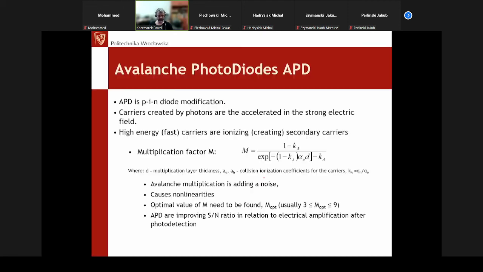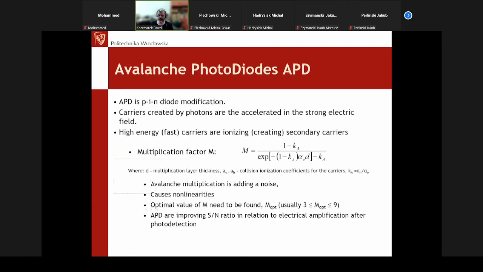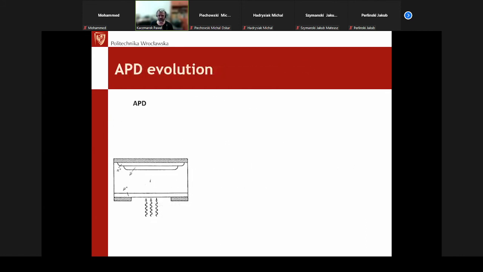And we can change this multiplication factor by changing the reverse voltage applied to this photodetector. The structure is pretty similar to a PIN photodiode. So this first approach, in fact, is exactly a PIN photodiode. The only difference is operation very close to this breakdown voltage, but of course it has quite big disadvantages.